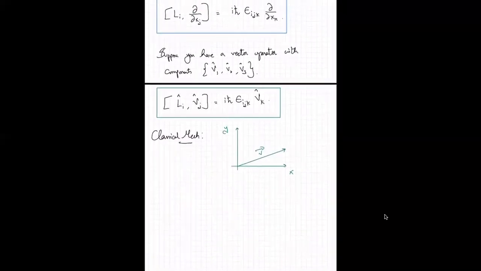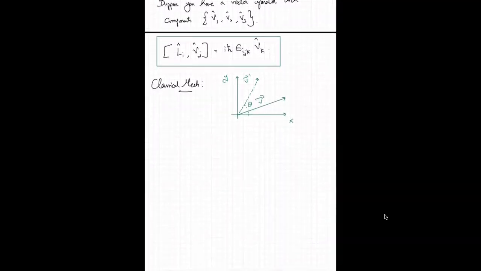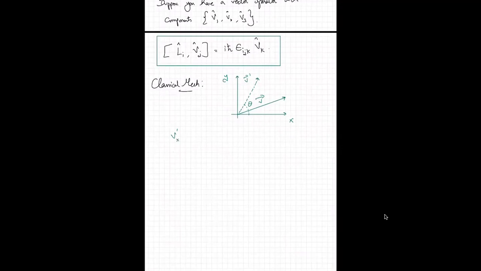Suppose I rotate this vector by some angle theta, and I get a new vector v prime, related to v by a rotation theta. Then the components of the new vector equal the matrix cosine theta, sine theta, minus sine theta, cosine theta times (vx, vy). In other words, the new components of the vector are a linear combination of the old components.